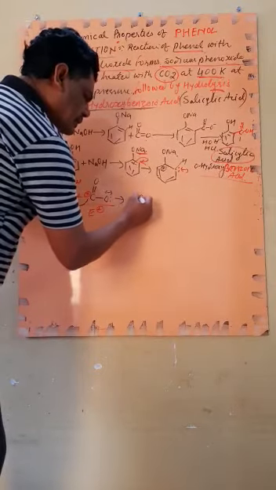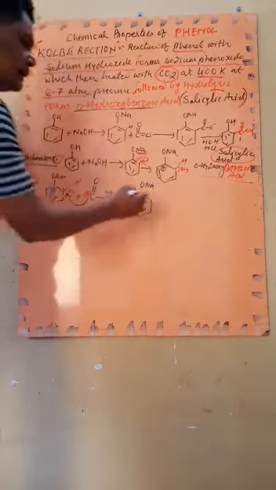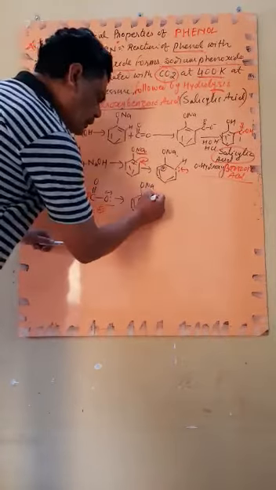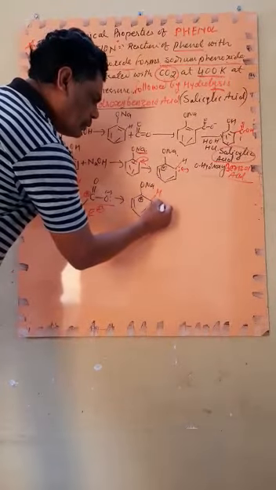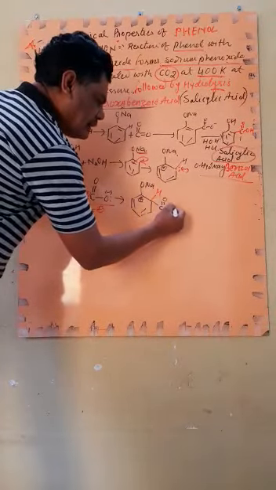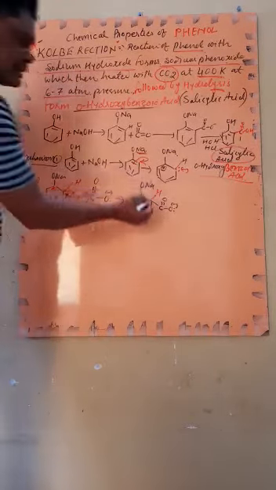This one has a plus charge, this is ONa, this is understood H, and now the C double bond O will attach here. Now the minus charge and the plus charge will diminish, that is, neutralize, because opposite charges neutralize each other.